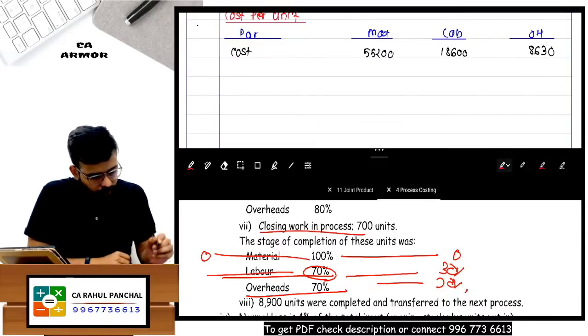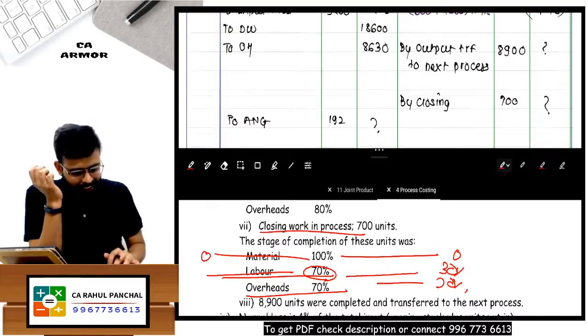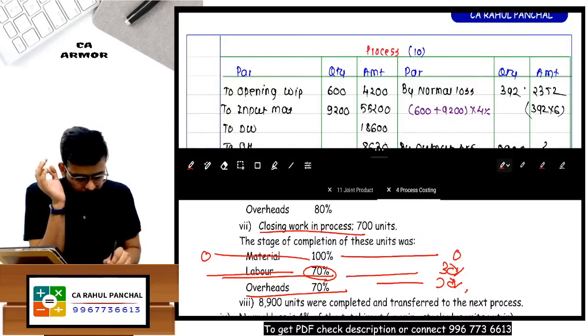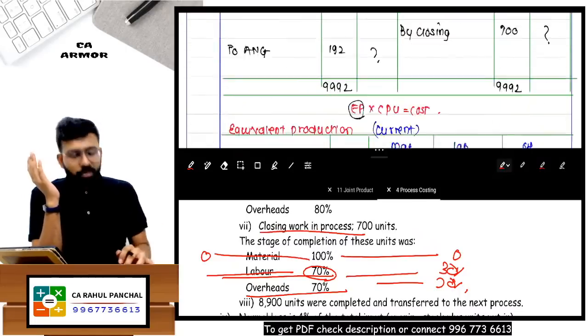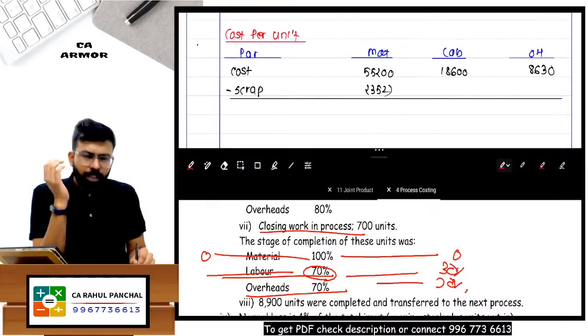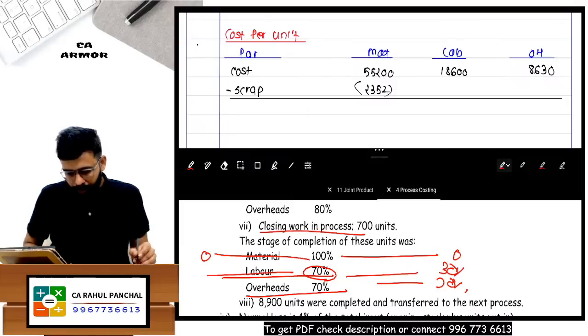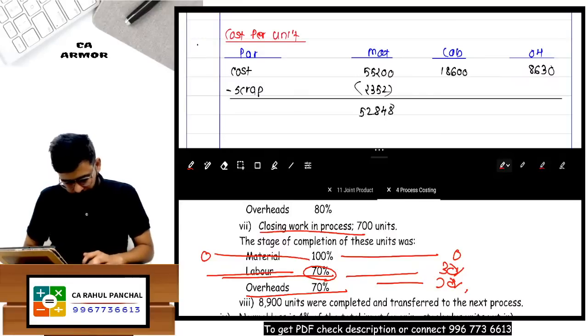Do we have any scrap value on the credit side? Yes, definitely. If you see the scrap value, it is going to be 2352. Just come on the debit side, 2352. Subtract this and you will get the net cost. Having done this, I will get my net cost, which is 52,848.